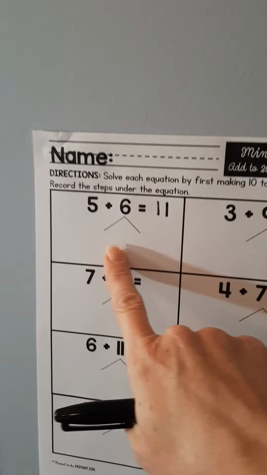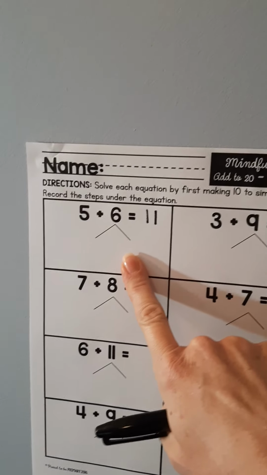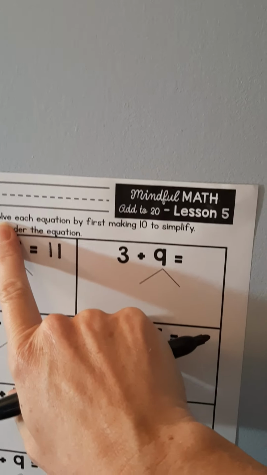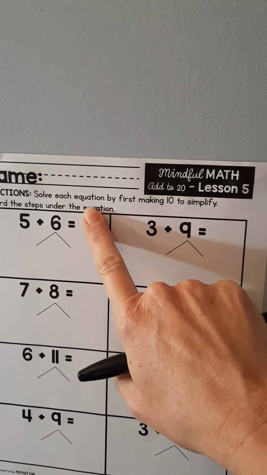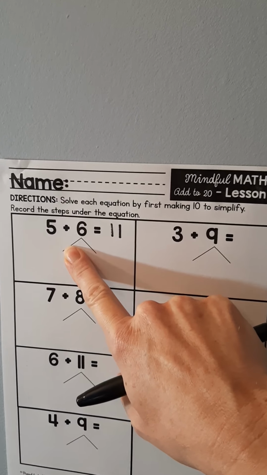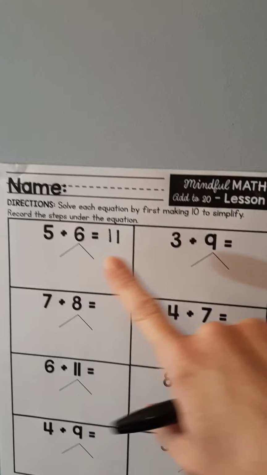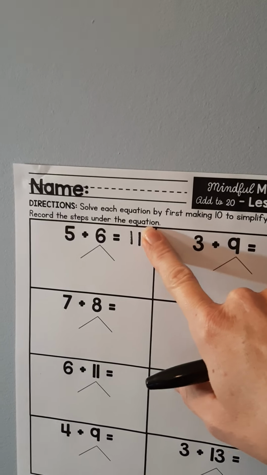But we haven't finished the page because we've got to do something with this. We have to follow the directions in order to do what it says, right? So it says solve each equation, that's just an adding question, by first making 10 to simplify. Record the steps under the equation.